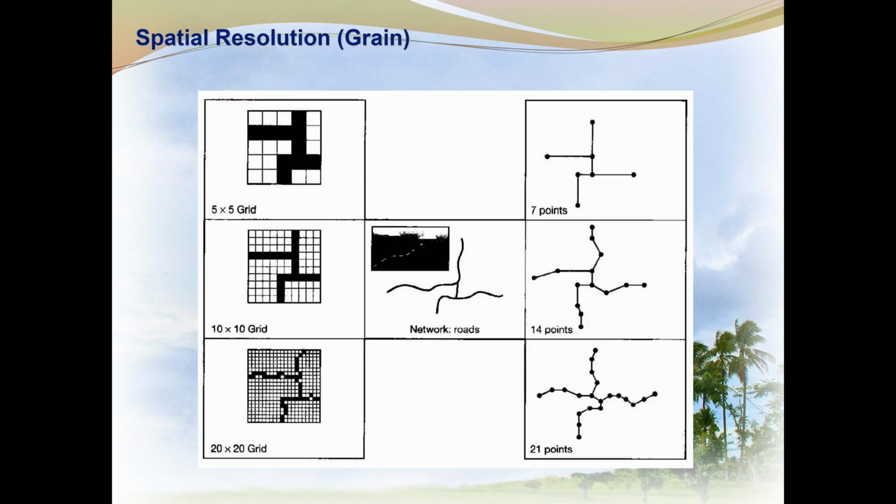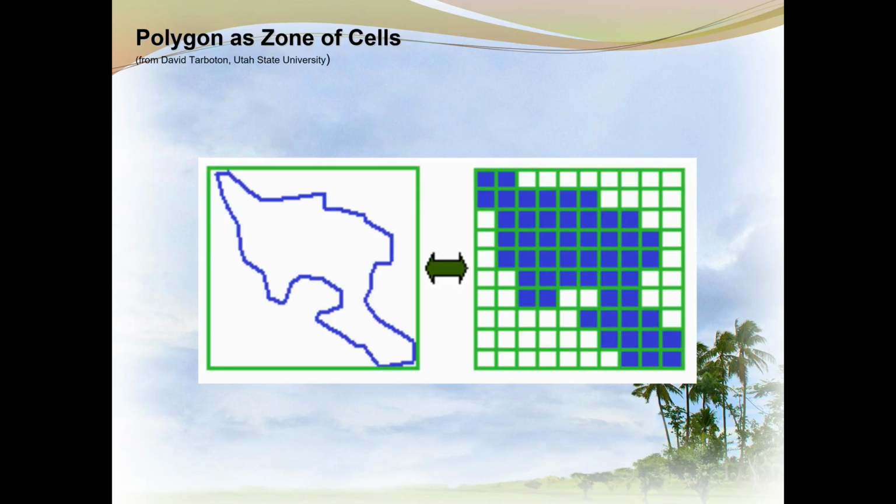In general, in a 5 by 5 grid we can have 7 points, and then in a 10 by 10 grid we have 14 points, for example if we want to represent network roads. In a 20 by 20 grid, we could have 21 points. And the polygon zones we could represent here using the vector converter to raster.